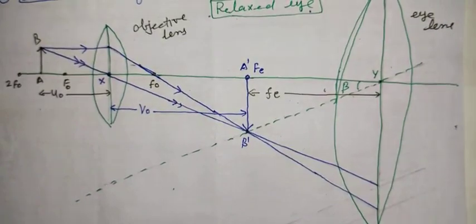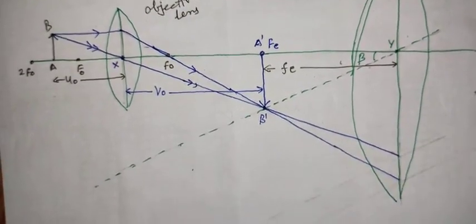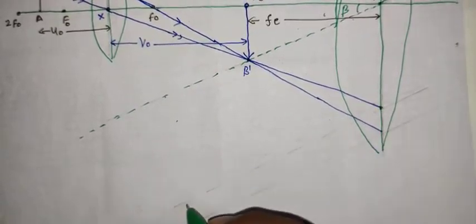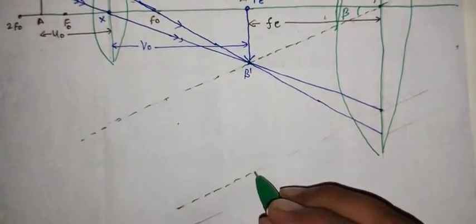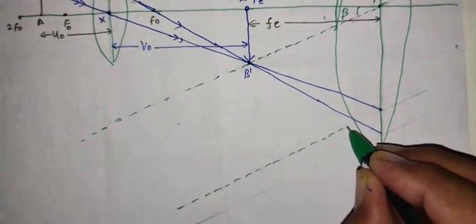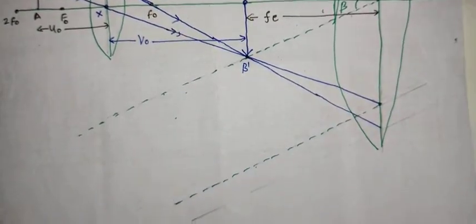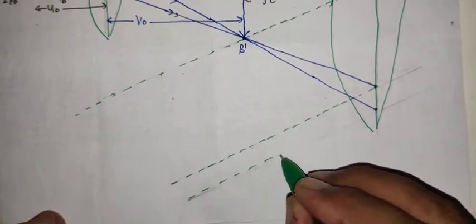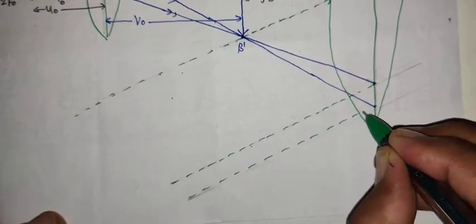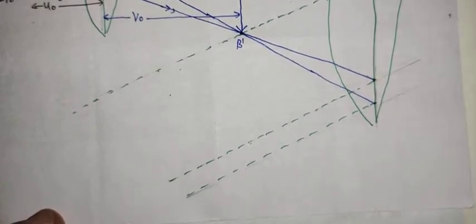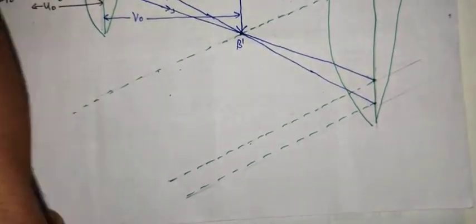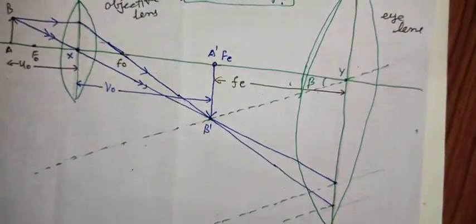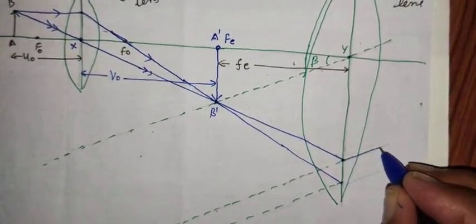Now take another ray of light parallel to this light. Take this point, one single point on a scale, and make a dotted line. It must be parallel to both. From here, see in the diagram, this refracted ray falls on the eye lens and is refracted in this direction.